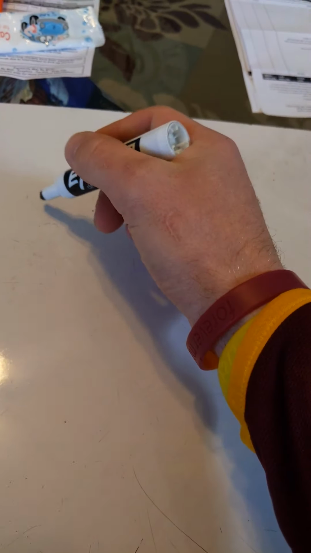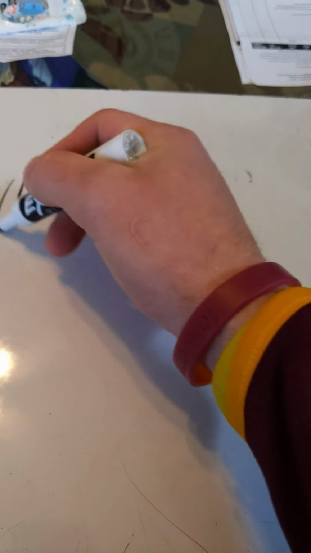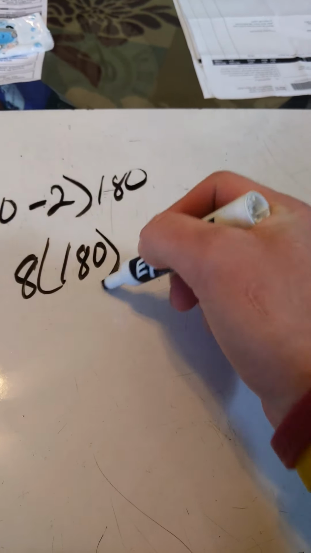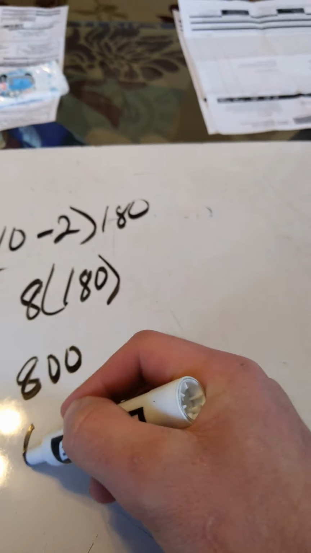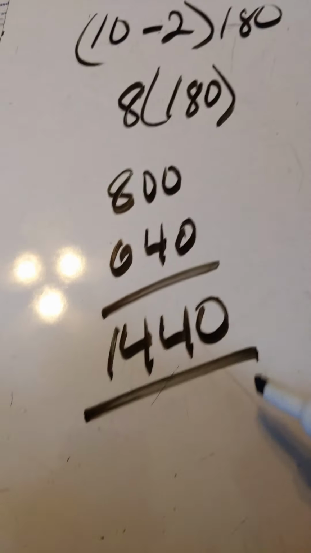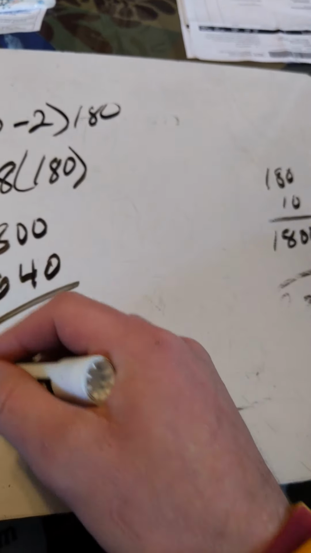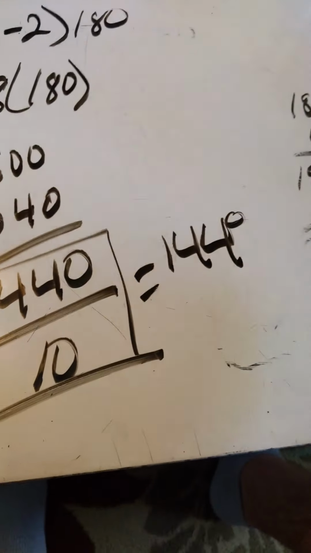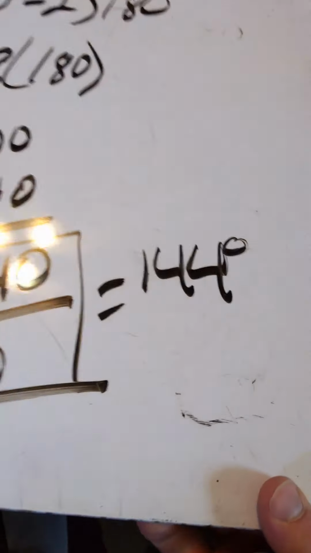So if we take our 10-sided polygon, we take 10 minus 2 times 180. 8 times 180, which is 800, plus 640 is 1440. And we're going to divide that by 10 to figure out each angle measurement, and you get 144 degrees. So another example of finding individual angles of a regular shape.